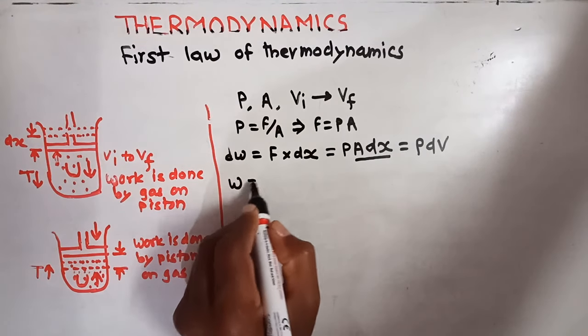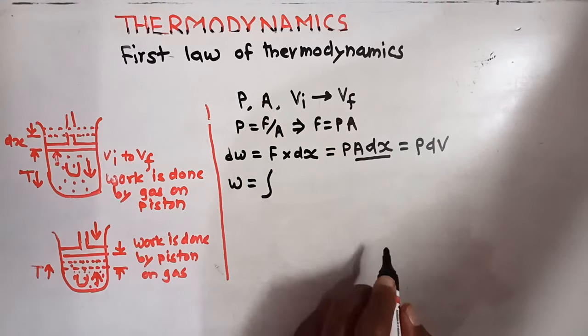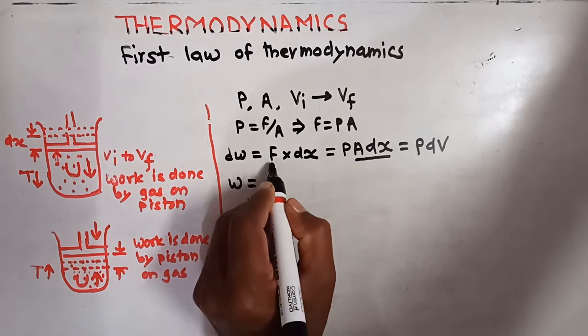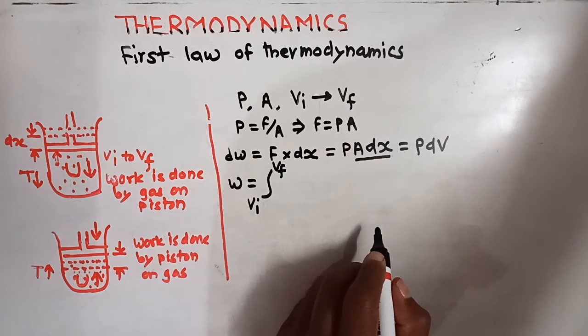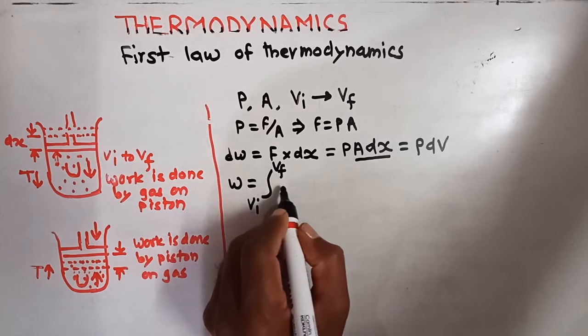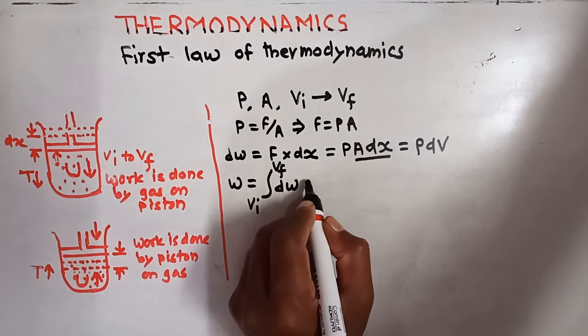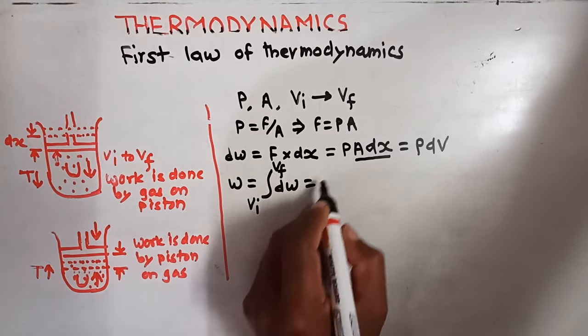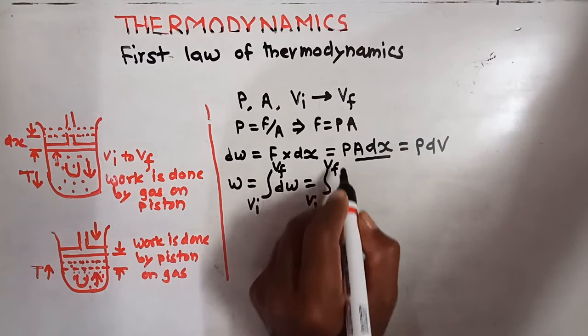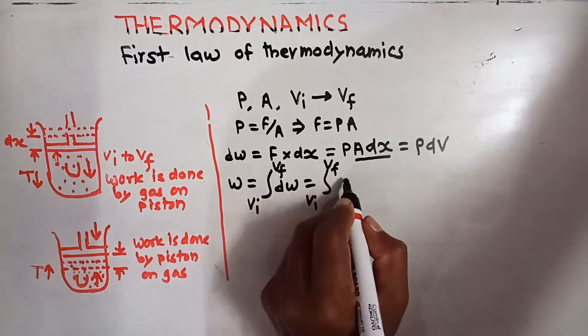We are interested to find the total work done when the volume changes from Vi to Vf. So we integrate this dW, then we get W. The limits of integration are from Vi to Vf.